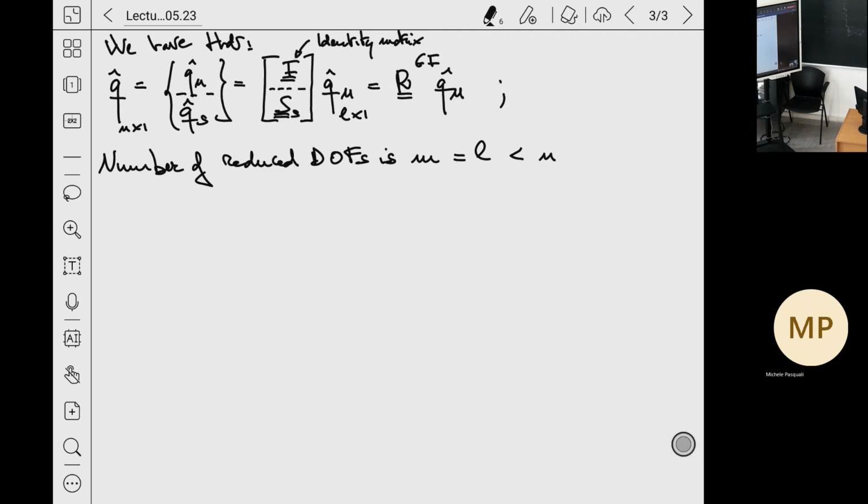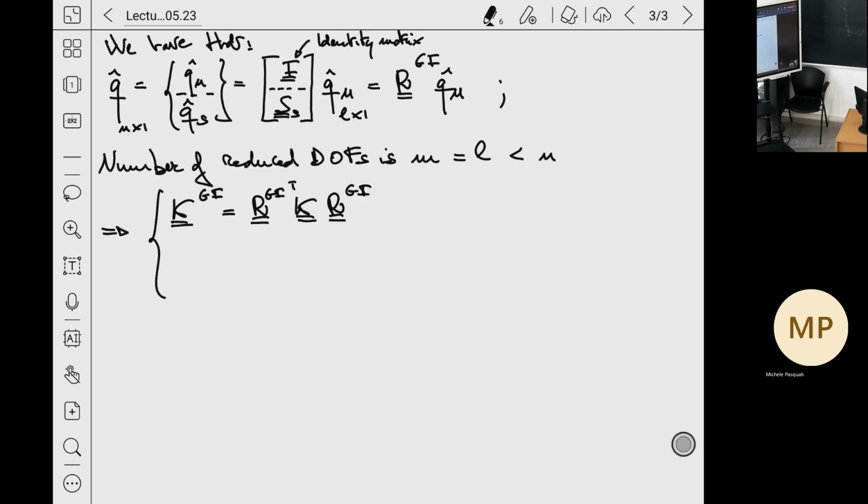In any case, as a follow-up, we have that the new matrix, Gaussian iron, is what? If you remember, is the reduction matrix of Gaussian iron transposed, applied over the original matrix of stiffness times R, Gaussian iron.